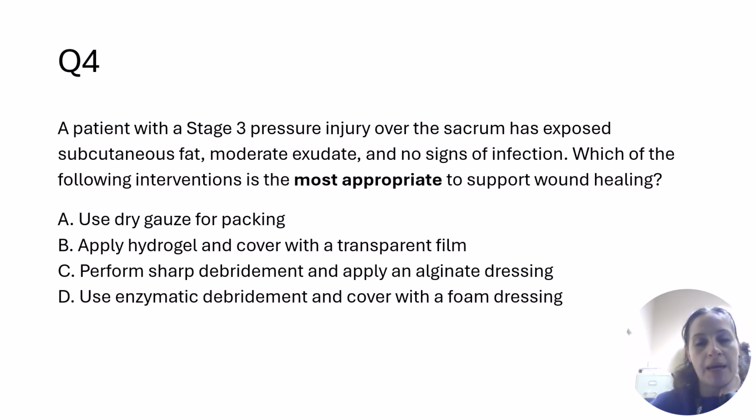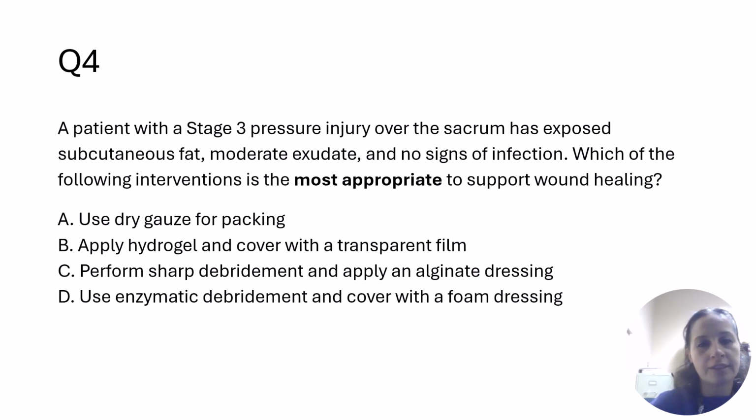Now let's think about the reasons why, okay? So A, packing it with dry gauze, is going to lead to wet to dry debridement, right? So it's dry, you stick it in there, and then it could get stuck to things, and then you're going to rip it off, right? Now this injury doesn't have infection. It's not as deep where you're going into the body systems, like you see bones and stuff like that.